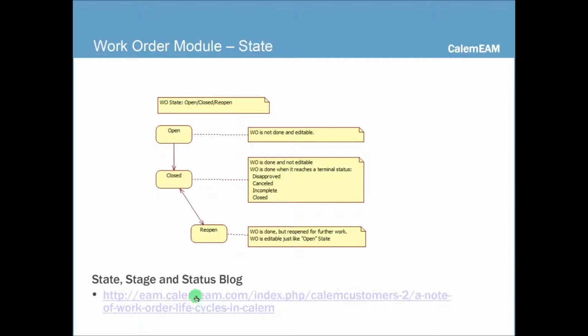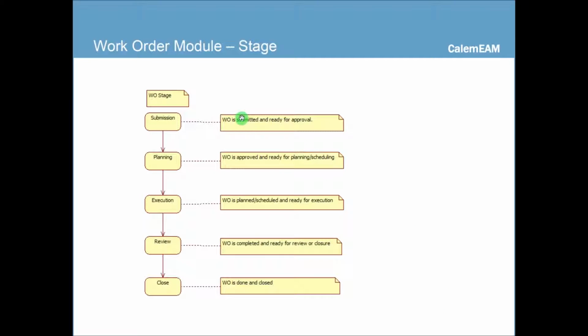And here's the slide talking about the stages that we're going to cover today. There are also stages for each work order. It's a lot easier to look at a work order from this stage perspective. When a work order is created, it's in a submission state. Once it's approved, it gets to the planning stage.